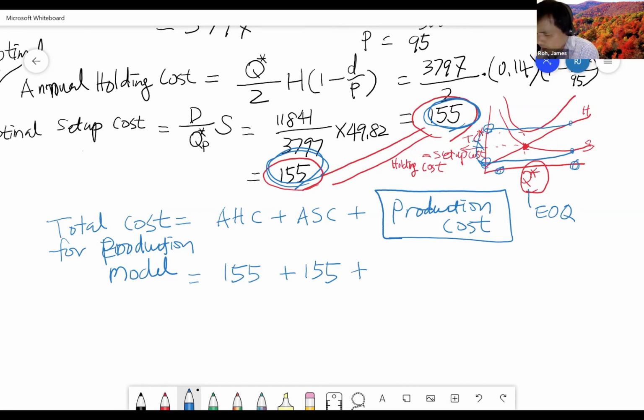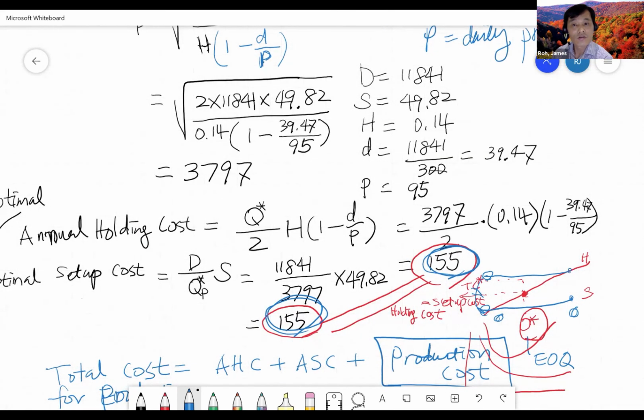Annually we have to make 11,841 lights, right? And what is the daily production cost? So we have a production facility working 300 days, order of 11,841. Do we have production cost here? Setting up a light, $49.